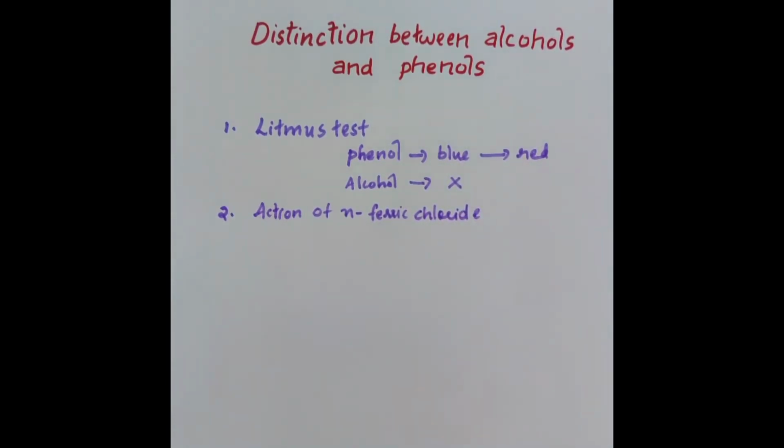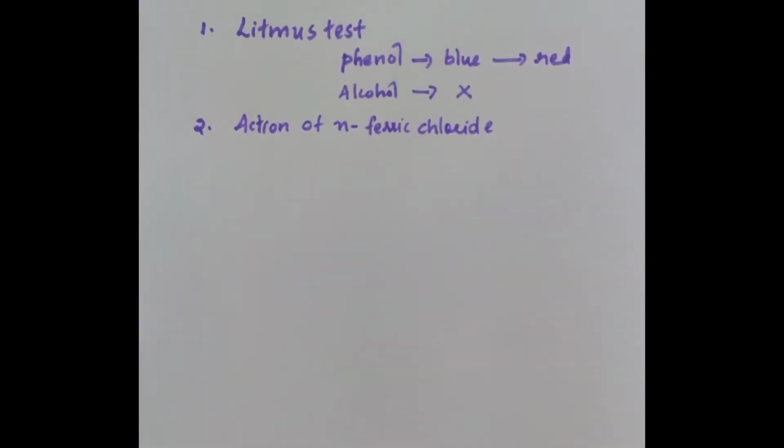When treated with neutral ferric chloride solution, phenols yield a violet, blue, green or reddish color, mainly violet, due to the formation of a complex. Alcohols have no such reaction with neutral ferric chloride solution.